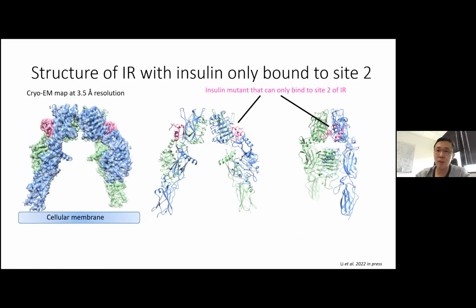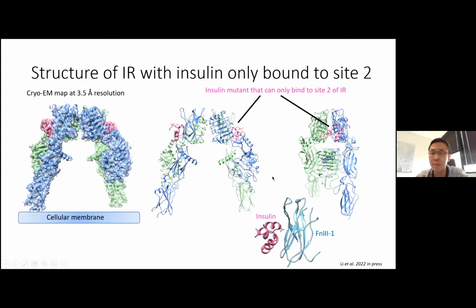So we first determined the structure of the insulin receptor with the insulin SET1 mutant. That insulin can only bind to SET2. The structure reveals that the SET1 mutant can bind to the fibronectin-1 domain of the receptor, and the binding mode is very similar to the insulin binding in the T-shaped active receptor.